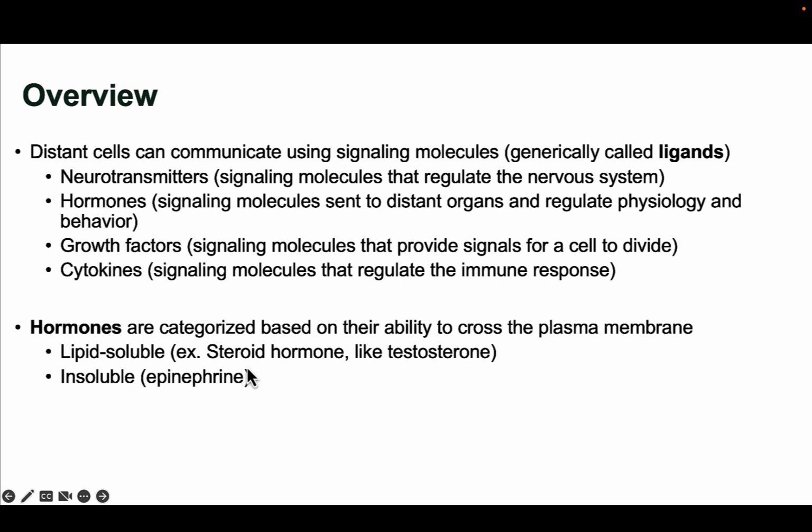We're going to take a look at these two different signaling pathways. But already you're probably starting to think that those that are lipid soluble might be able to pass through the membrane, and so their receptor is probably inside the cell. And those that are insoluble probably have to rely on some sort of protein or receptor on the outside of the cell to begin sending their signal.